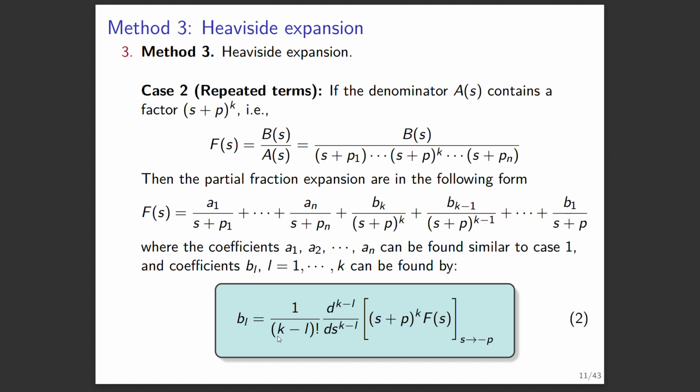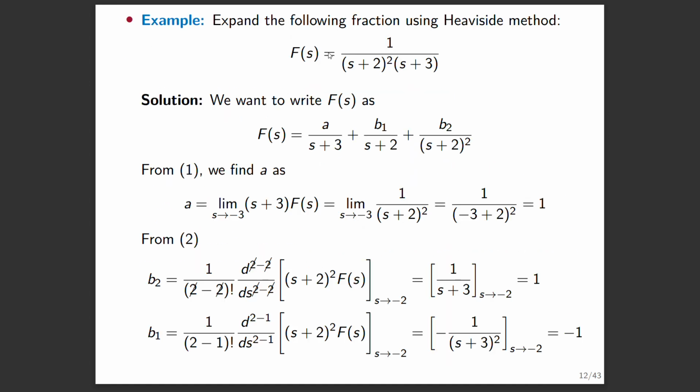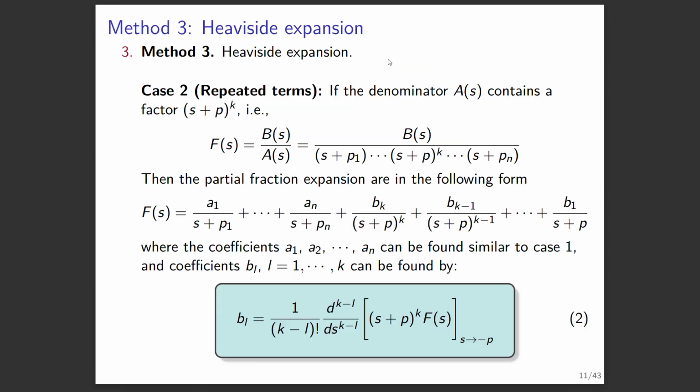K is the multiplicity, so the power of my term here. What is the power? K is 2 here, right? So K is 2. What is L? L is what I'm computing here. See the numerator here. L is the counter. L is what goes from 1 to K.